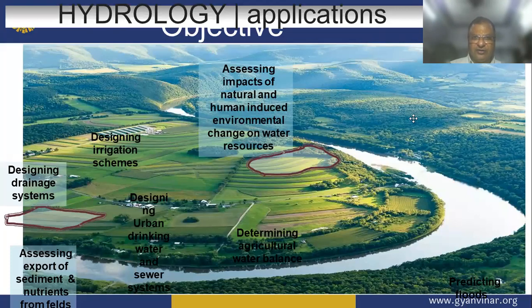This is the hydrology application. How does hydrology work, dear boys? On the earth, hydrology is a cycle. It is the regular movement. In the summer, in the heat of the sun, the water converts into vapor.